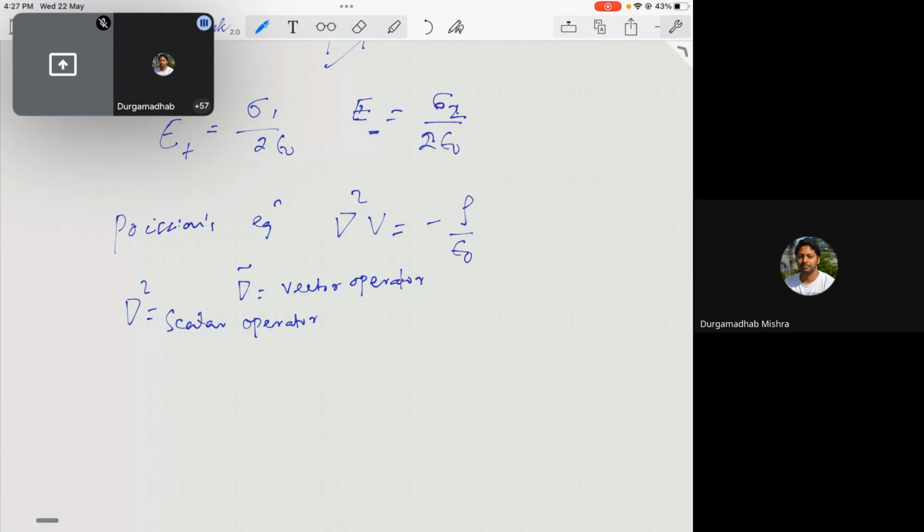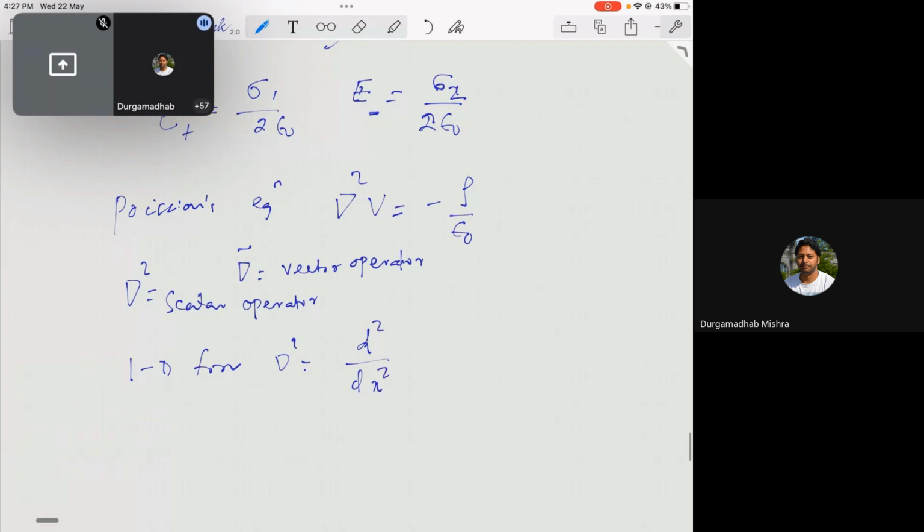In one dimension, del square will be d square by dx square. But if you want to write it in 3 dimensions, del square would be the partial derivatives with respect to x, y, and z.